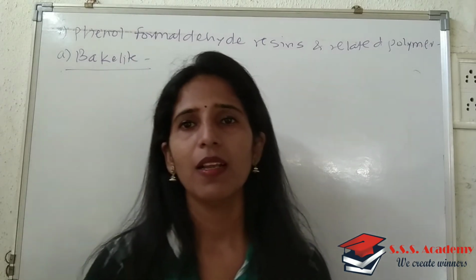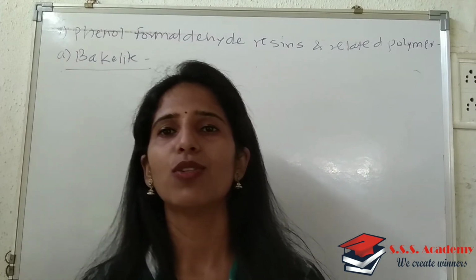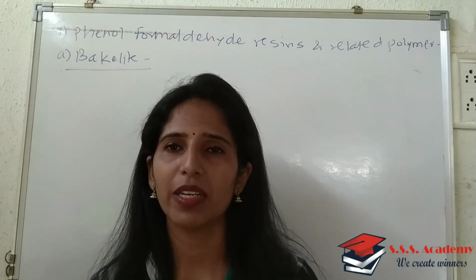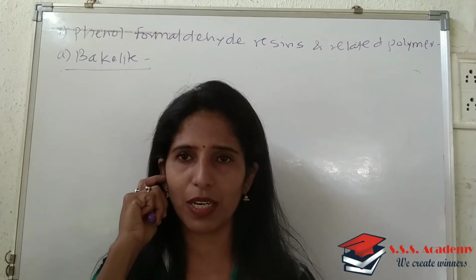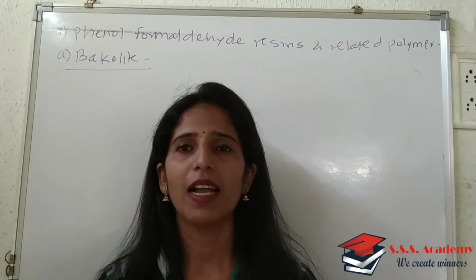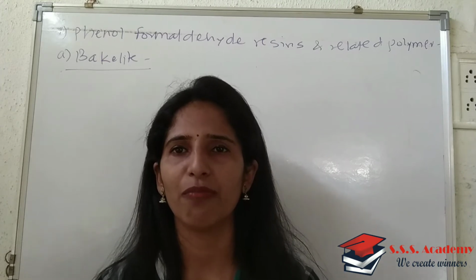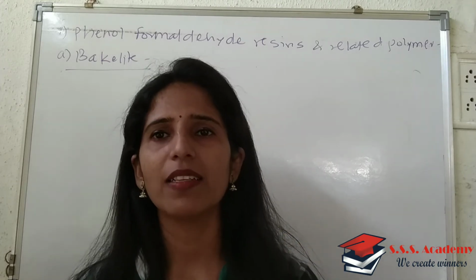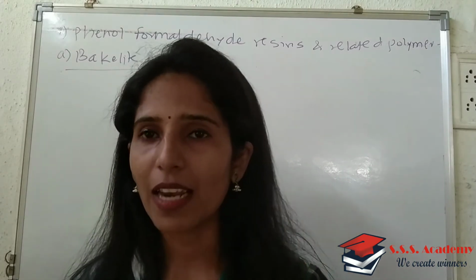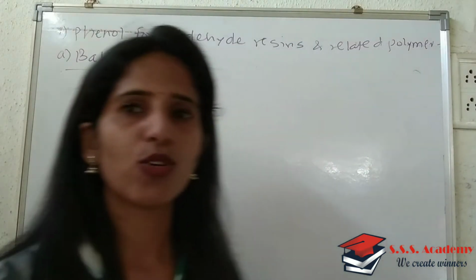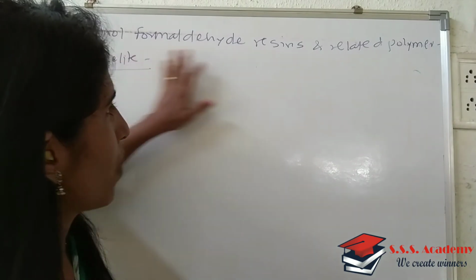Then next you will write novolac, that starting material or molding powder, is then molded at higher temperature and pressure condition, and it results into formation of bakelite. So next we will write the two-stage reactions for formation of novolac as well as for formation of bakelite. For writing this, you will first write this title.